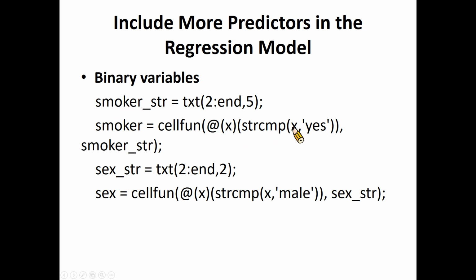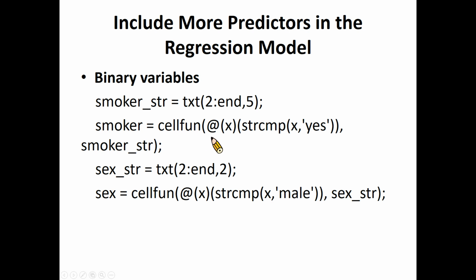If the case is yes, it will specify 1, and for the others, it will specify zeros. This is just a very simple presentation of how you can convert a string variable into a numerical variable by comparing a specific string in your case.